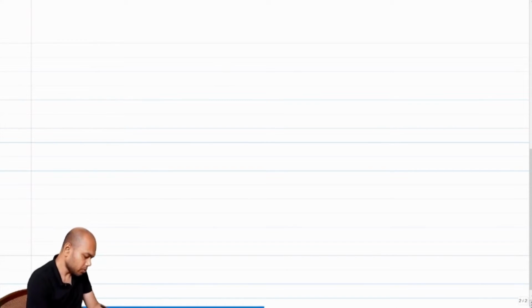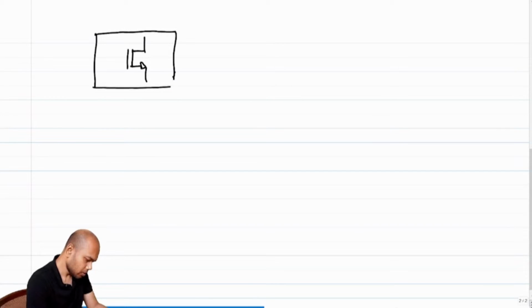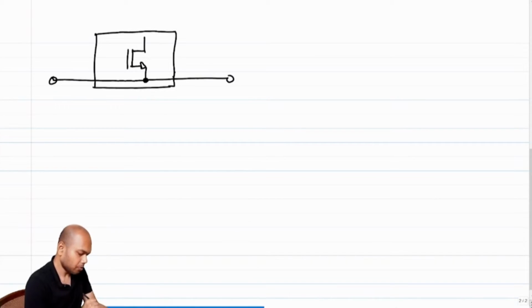So let's mark the terminals properly first. So this is the box, right? This is one port. This is one terminal that comes out. One terminal is common.